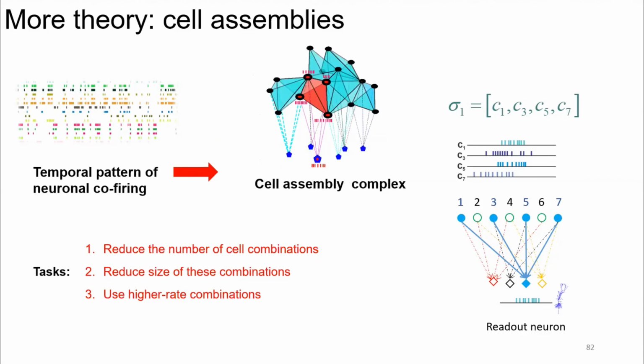The question is, can we identify these combinations of cells and build a simplicial complex not from arbitrary coactivities, but only from these special ones? Since the special ones are called cell assemblies, I'm going to call this the cell assembly complex. The key task is to reduce the number of these combinations. There are other questions, like I would not like them to be too large, I don't want too many cells in a combination, but the key idea is how to reduce the number of coactive combinations.